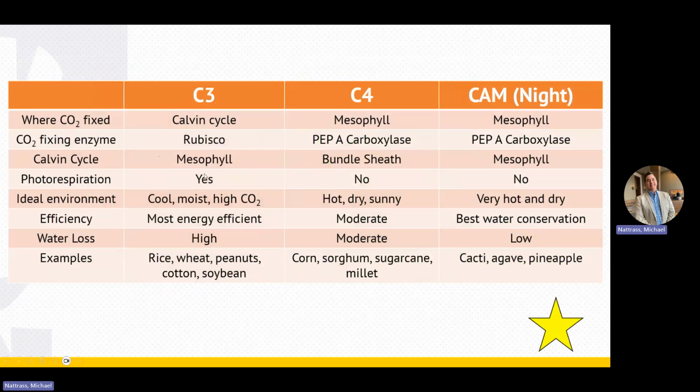It occurs in C3 plants, but not in C4 plants. And all that is just that C4 and CAM plants have adapted so that they don't suffer that problem. But the biggest difference between C3 and C4 is that C3 are at a disadvantage because of photorespiration.